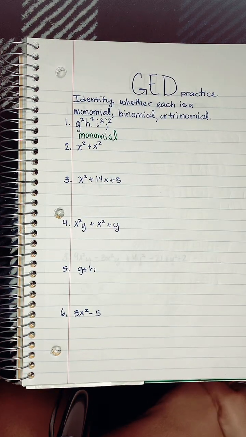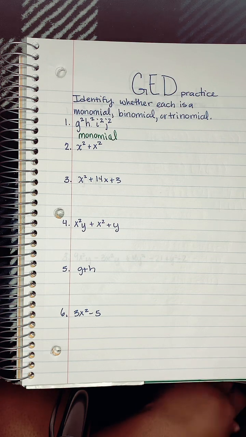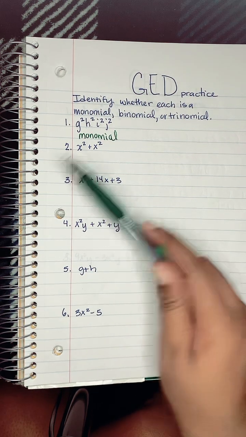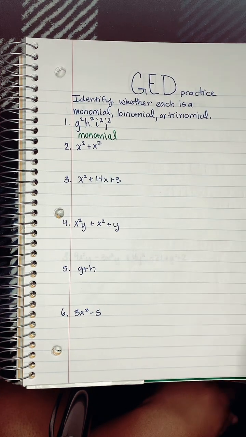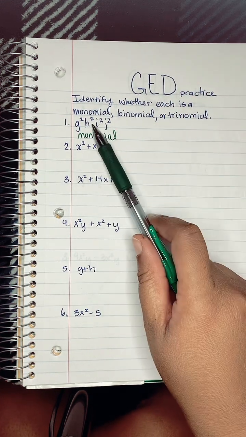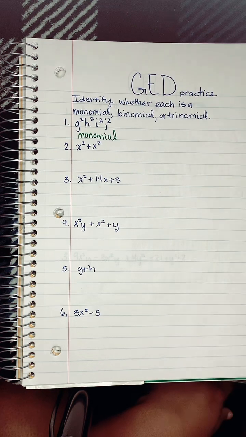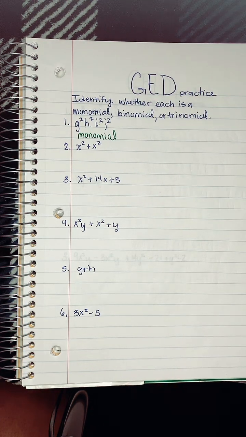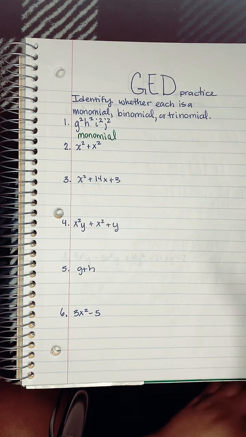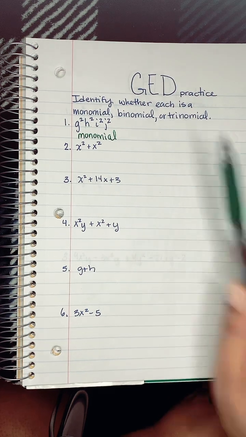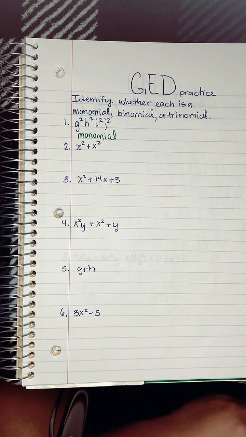Yes, let's go in the chat. I see you, monomial, good. Number 2, we have x squared plus x squared. So is that a monomial, binomial, or trinomial? Let me see your answer in the chat. What do you guys say? Is it a mono, bi, or tri? Binomial.